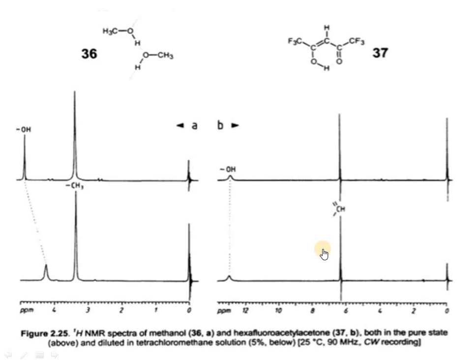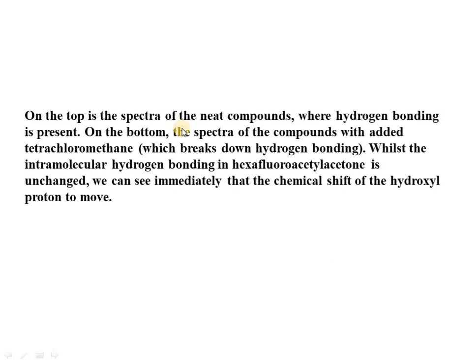Or we can easily explain with the spectra of neat compounds, that is, first the compounds where hydrogen bonding is present. At the bottom is the spectrum of the compounds with added tetrachloromethane, while the intramolecular hydrogen bonding in hexafluoroacetylacetone is unchanged.